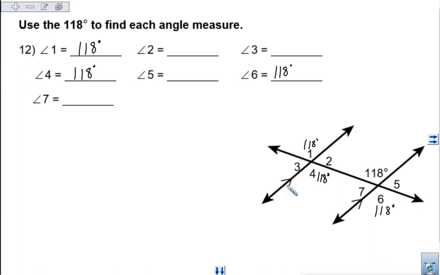Then we can take and subtract 118 from 180. And that gets us angle 2 because those are same side interior angles. And that gets us angle 3 because angle 2 and angle 3 are vertical angles.